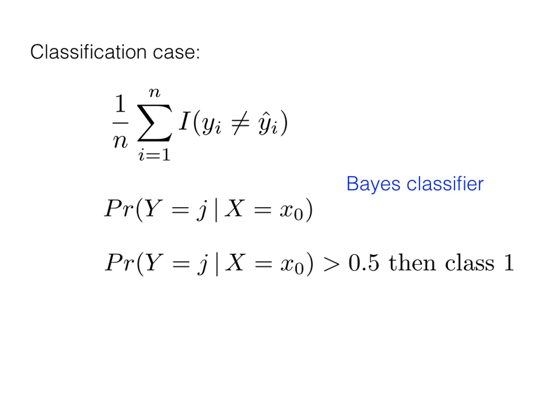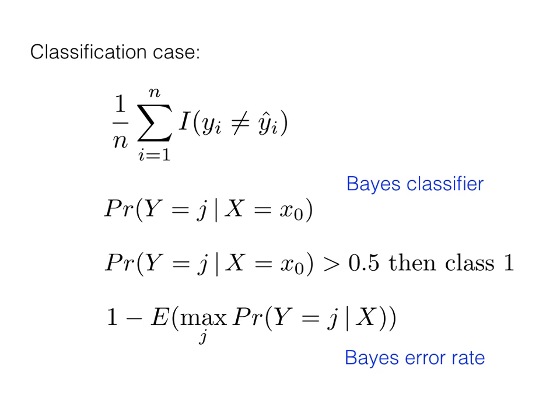So for a binary classification, where there are only two classes, class 1 and class 2, if the probability that y equals 1 given x equal to x0 is greater than 0.5, then we choose class 1, otherwise we choose class 2. And this is the best classifier we can do.